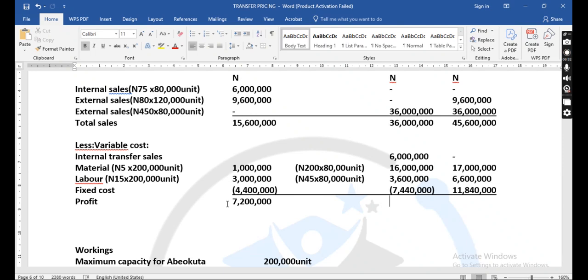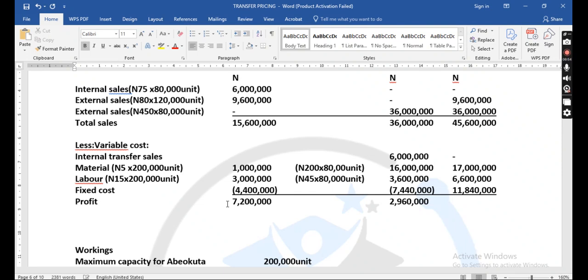$2,960,000. 2 million, 960,000. Okay, 2,960,000.